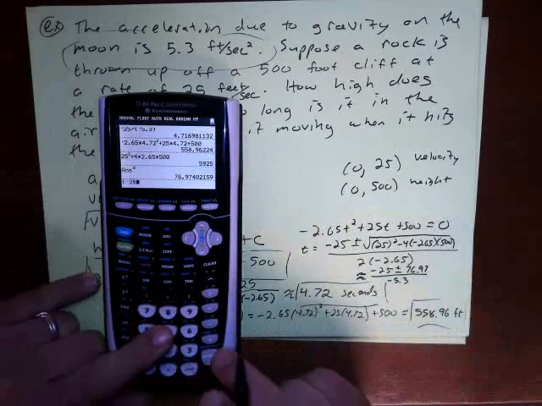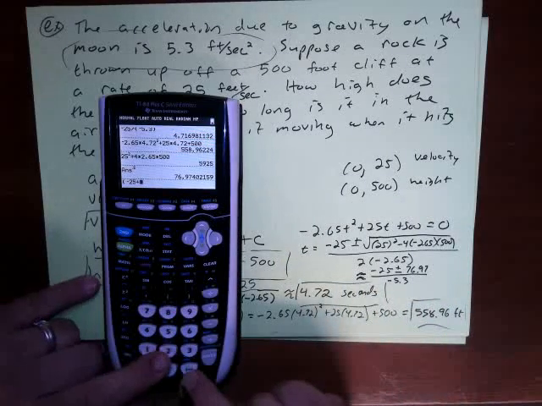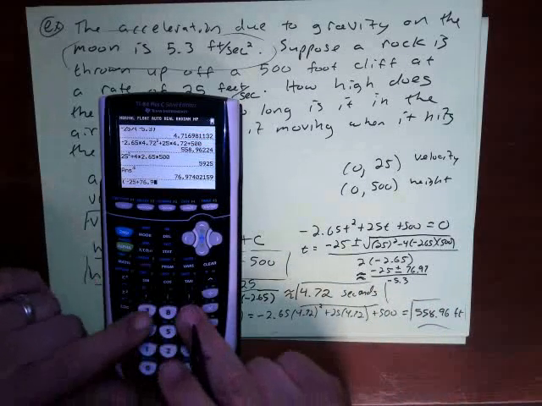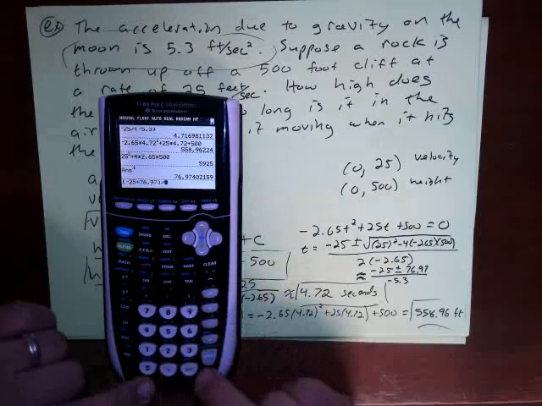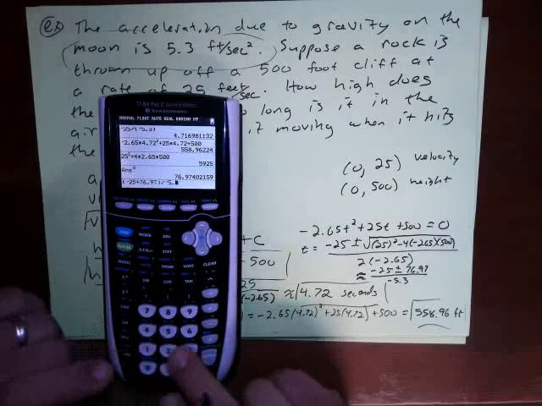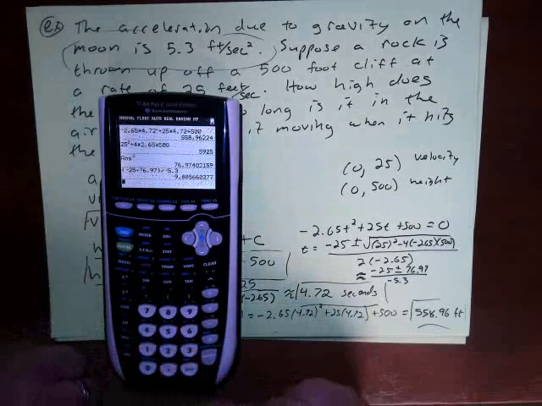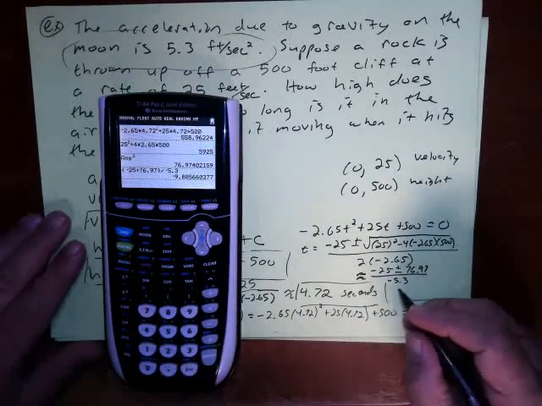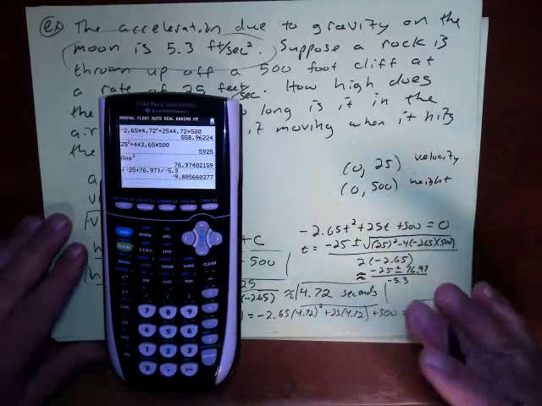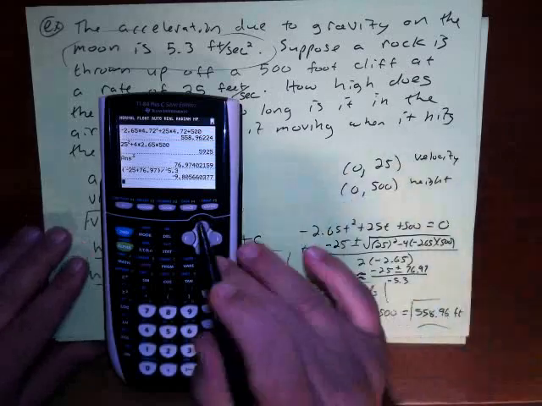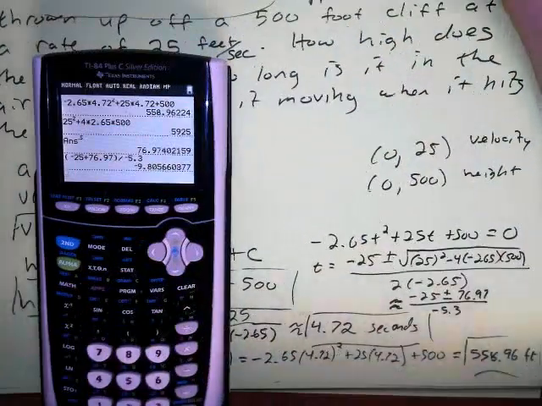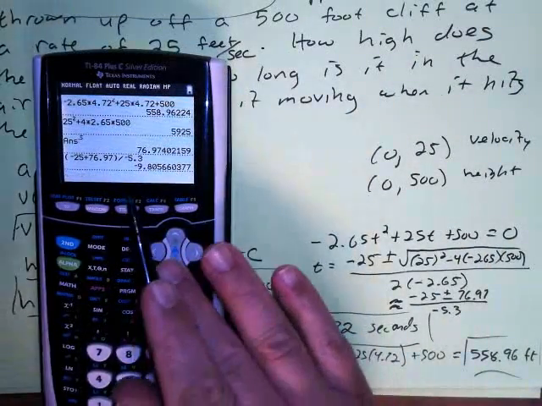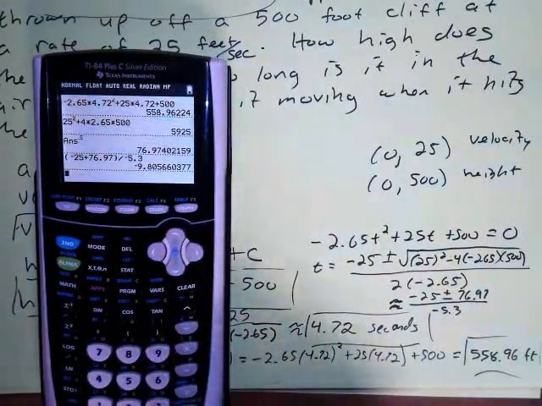So negative 25 plus 76.97 divided by negative 5.3, and I get, this is the negative root, I get a negative 9.8 seconds or so.